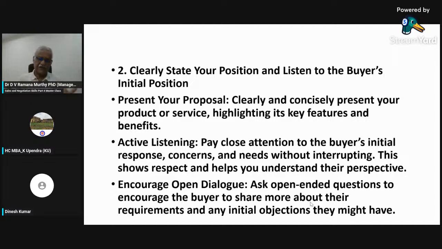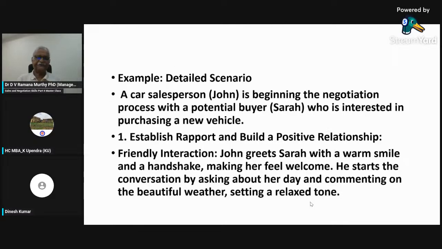If you have any doubts, you try to ask open-ended questions, not closed-ended questions like yes or no. Because you need to go in for open-ended questions to encourage the buyer to share more and more about the requirements. And most of the time, initial objections, if there are any, can be answered initially.